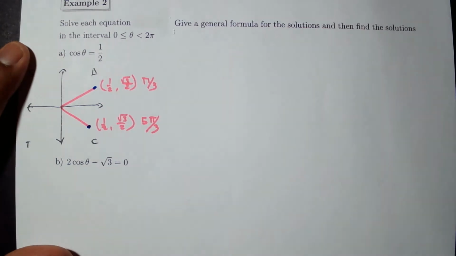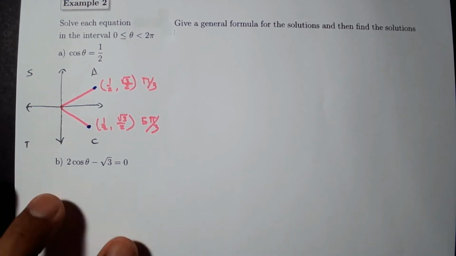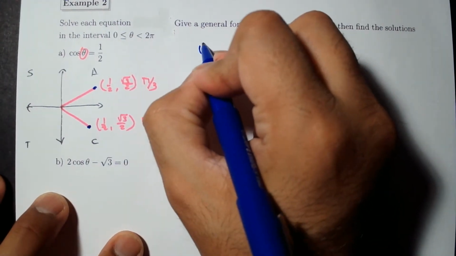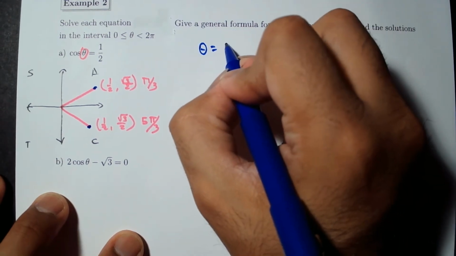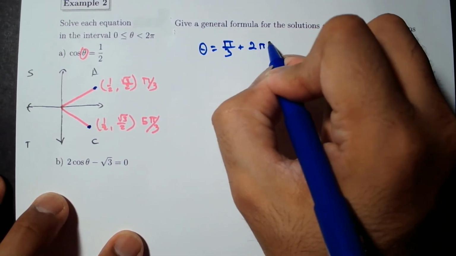So that means in this case, theta on the one hand is pi over 3 plus 2 pi k.